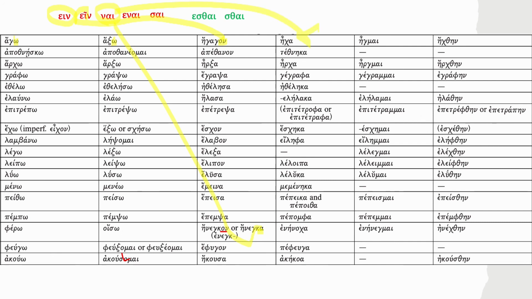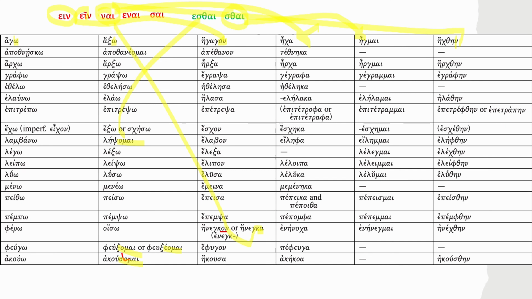And then mi or mēn become sai, and these omais here become esthai. And then any principal part that has the nu as the personal ending becomes nai.